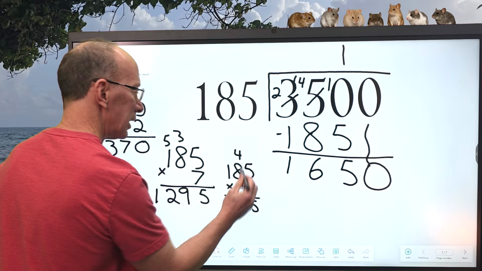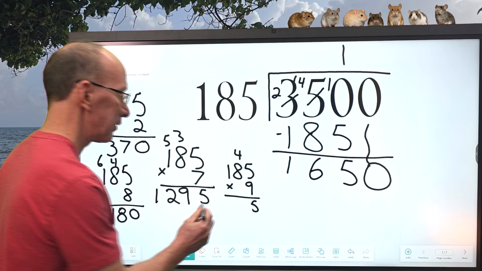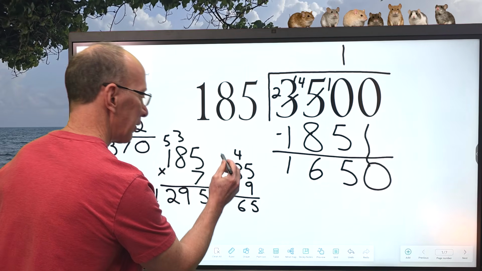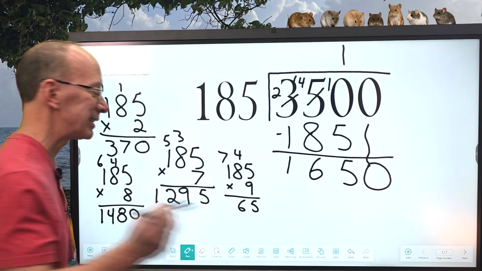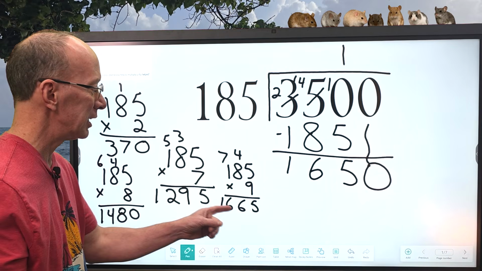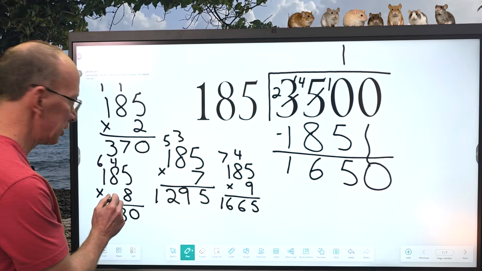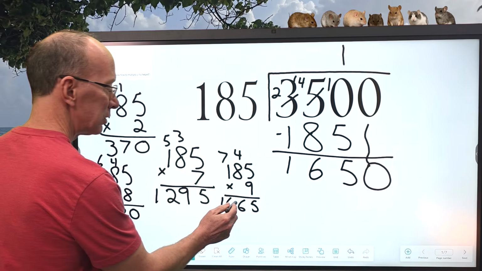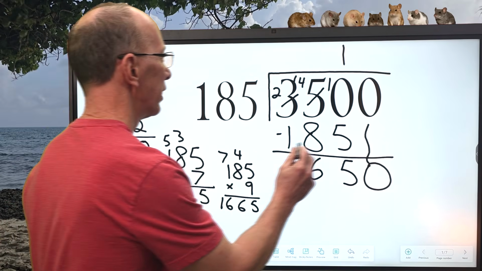Carry the 4. 8 times 9, 72, plus the 4, 76. Carry the 7. 9 times 1 is 9, plus the 7 is 16. Now, wow, it just barely went over that. So we're going to stick with just the 8, all right? This one was too big. This one is just right. So I'm going to go ahead and put the 8 right here.